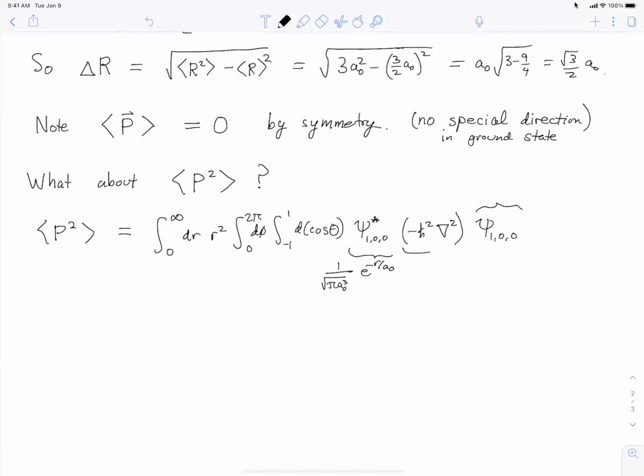And so then if we take the Laplacian of that, that's minus h bar squared times 1 over r squared partial with respect to r of r squared partial with respect to r, acting on our psi100, which we write in here again. Okay, so it's that, plus there's some theta and phi terms.